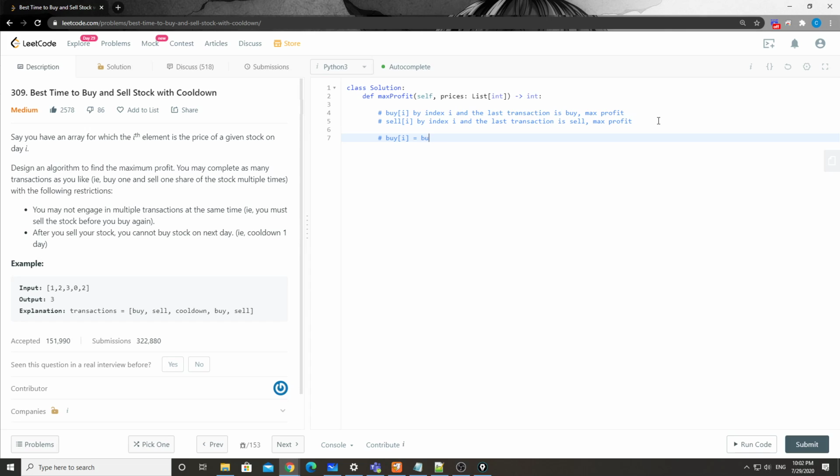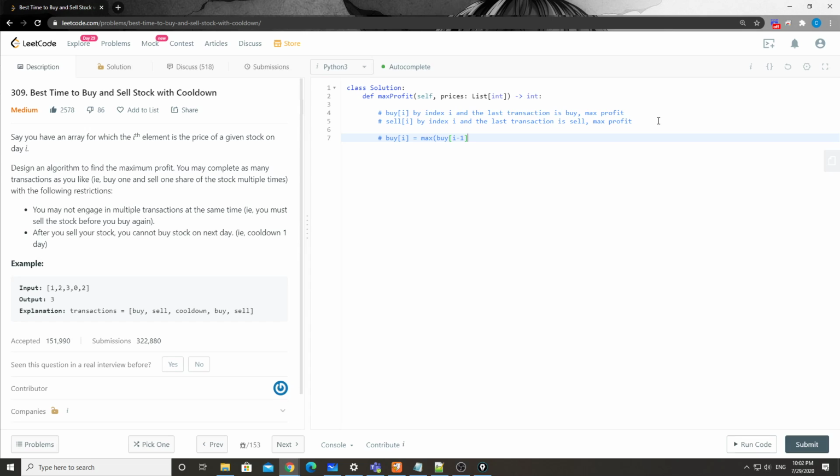Then it's going to be the same as buy i minus one, since we're not doing anything here. And that's why the last transaction in this case is still buy, so we inherit the max profit from buy i minus one. That's the first option.